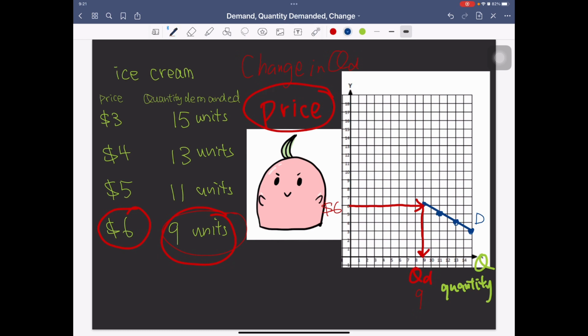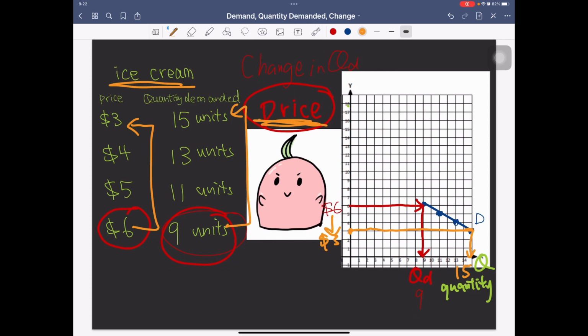Let's say the price changes from $6 to $3. The price decreased from 6 to 3. At the price of $3, the quantity demanded is 15 units. So when there is a price change of that good, of ice cream, we observe a change in quantity demanded.